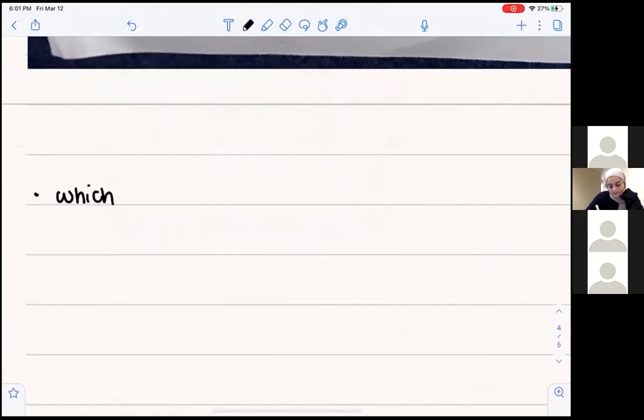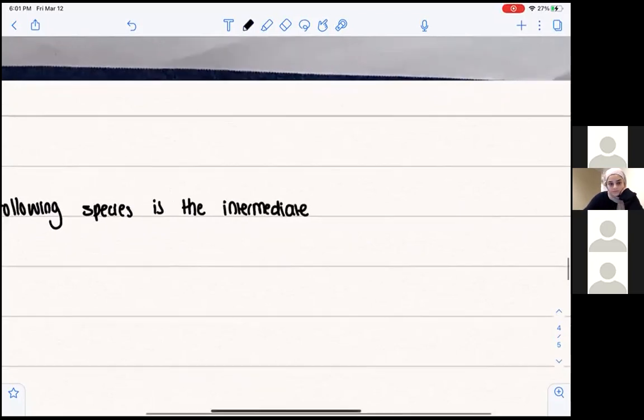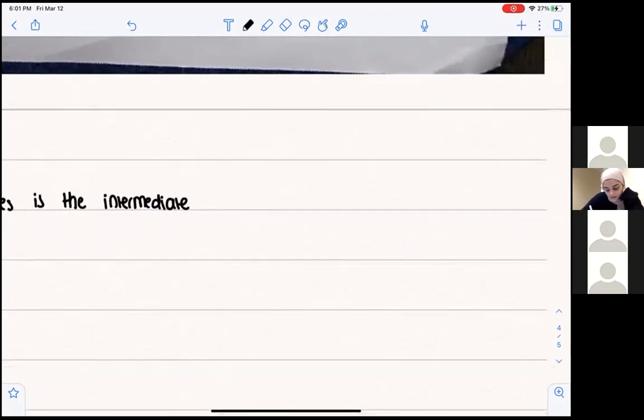Which of the following species is the intermediate in the bromination of propene?